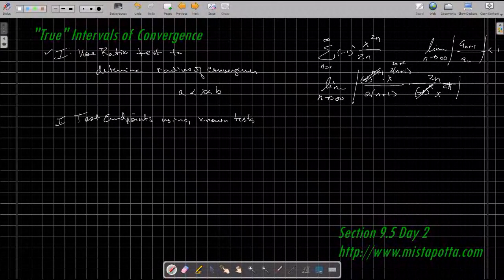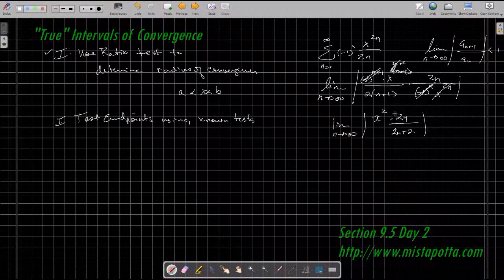And so when I divide this x to the 2n, I'm going to be left with just x squared. And in the denominator, I've got 2n over 2n plus 2. The limit as n approaches infinity.